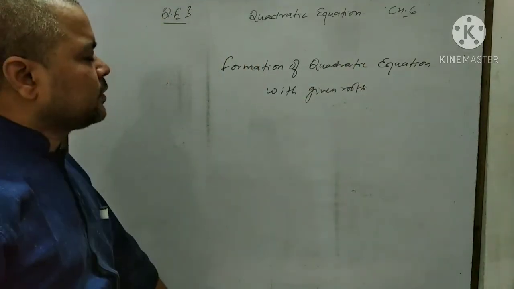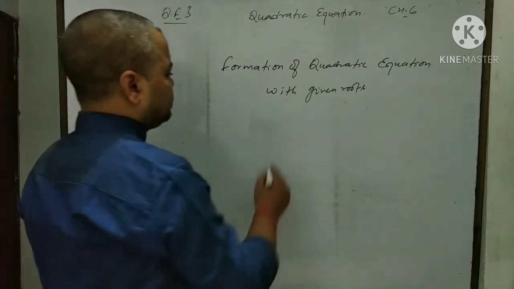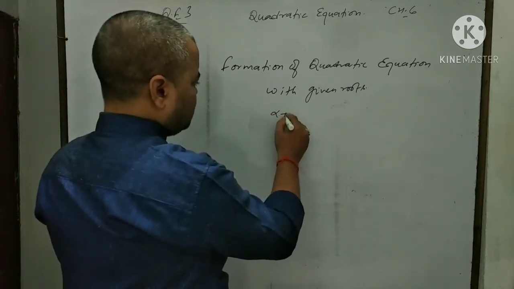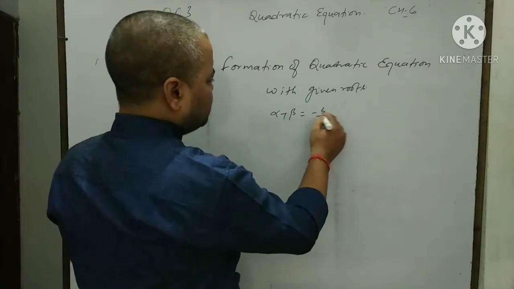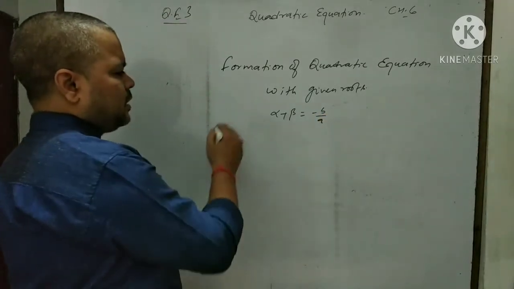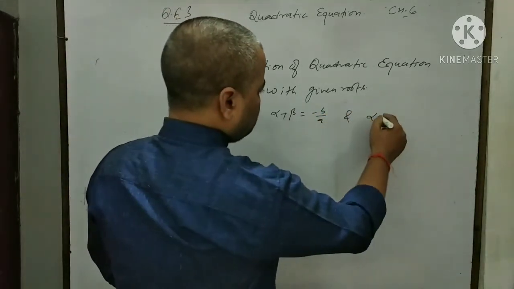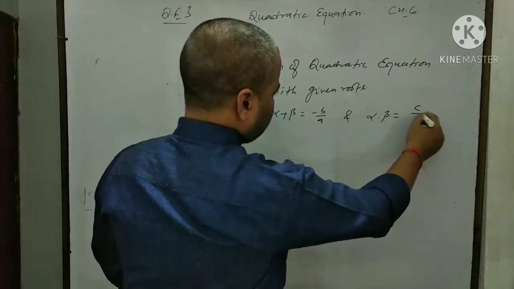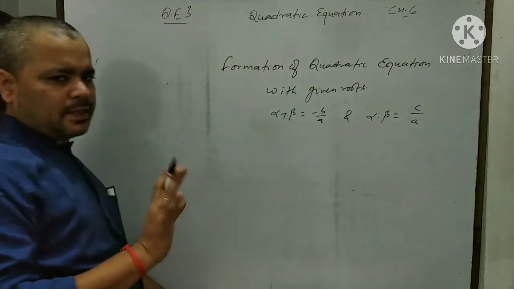Okay. Now we know that here alpha plus beta is what? Minus b by a. And product of roots alpha beta is equal to c by a. Get it? We know this.